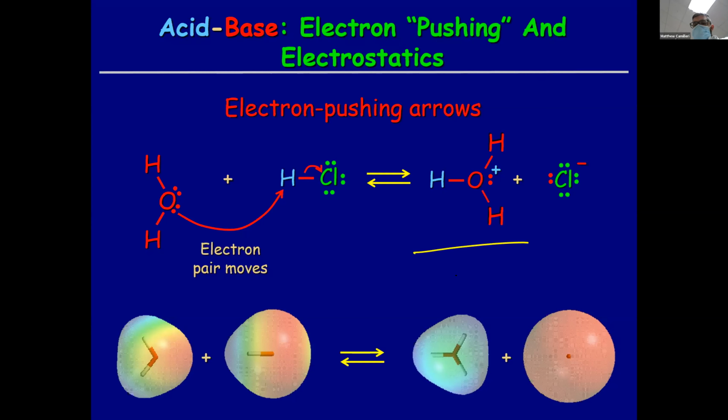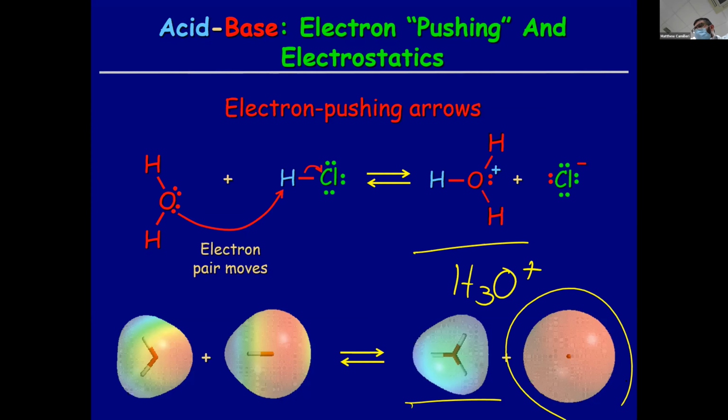So we write it as H3O plus. If we're looking at electron densities, we're going to see that lack of electrons and extra electrons, okay?